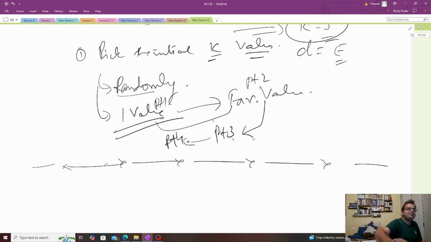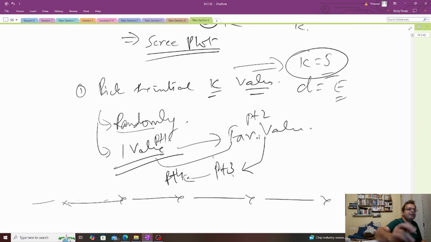The other disadvantage is that sometimes it can become non-deterministic, and you can get different clusters by running it n number of times.